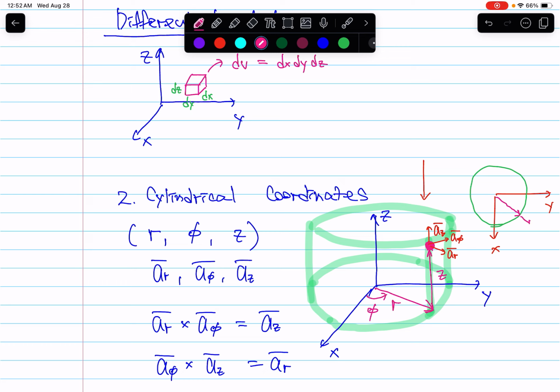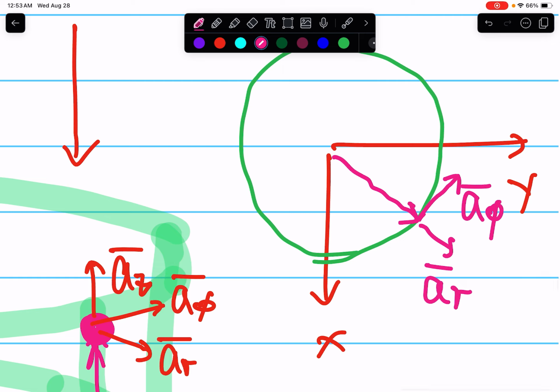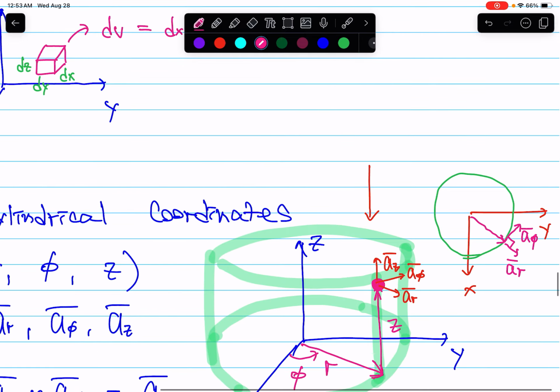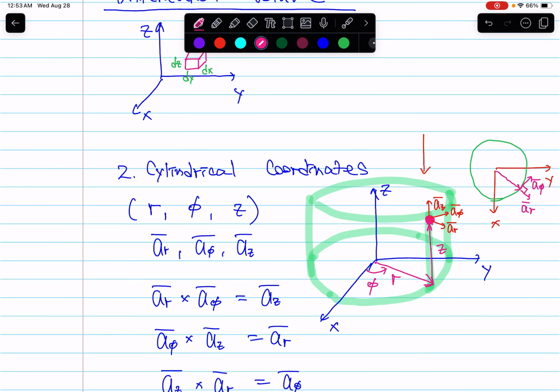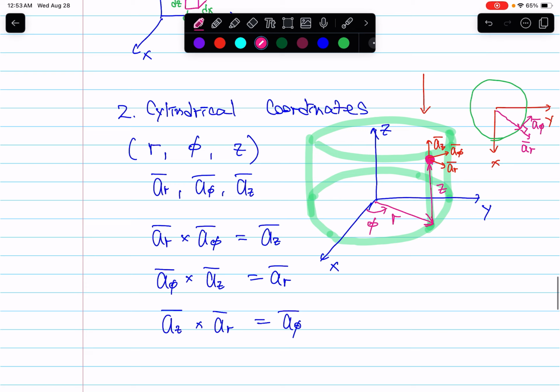So AR is over here, and the tangent of this circle is A pi. Okay, so if you think about a tangent vector on a circular path versus the radius, this is definitely orthogonal. So although it's a slightly different coordinate, cylindrical coordinate, all the base vectors, they're all orthogonal, just like in the Cartesian coordinates.